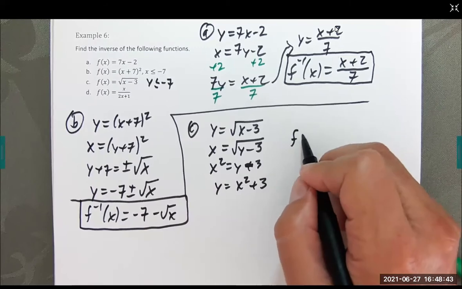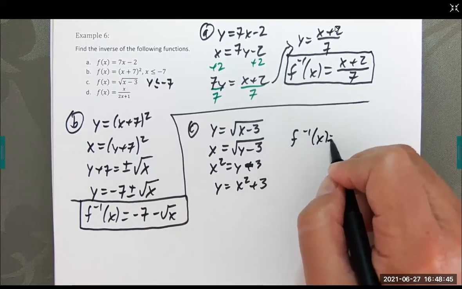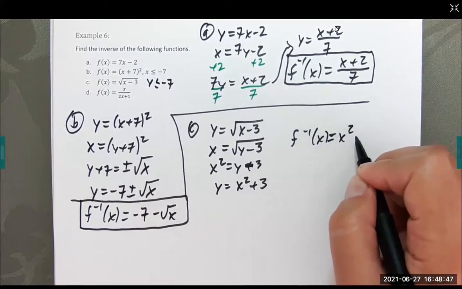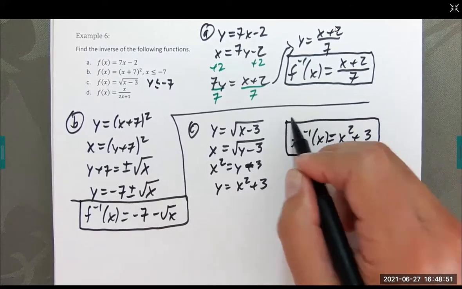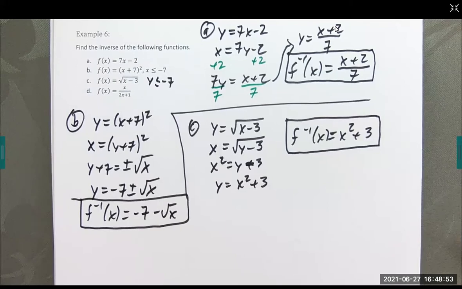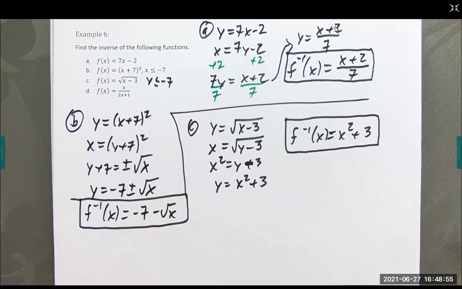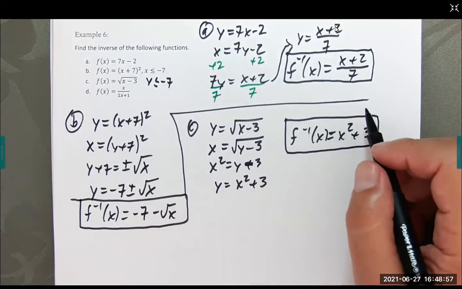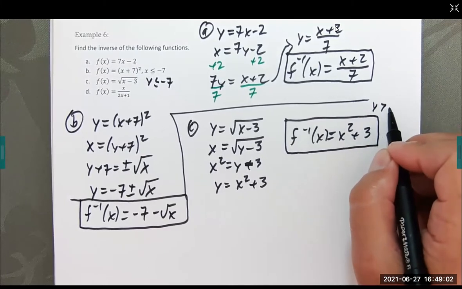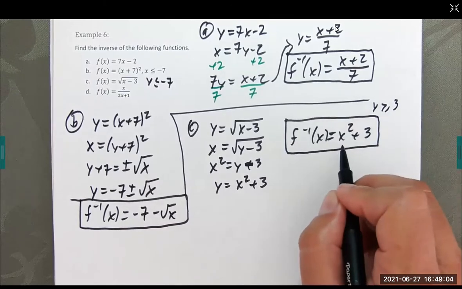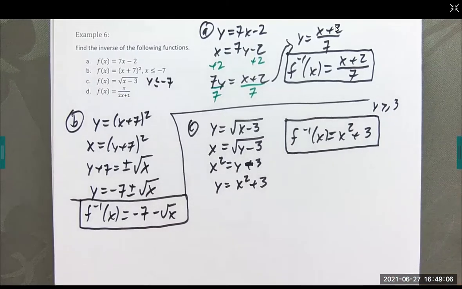So f inverse of x is x squared plus 3. And we are, again, limited on our domain. So since x has to be bigger than or equal to 3, y has to be bigger than or equal to 3, but you can see y will be always bigger than or equal to 3.